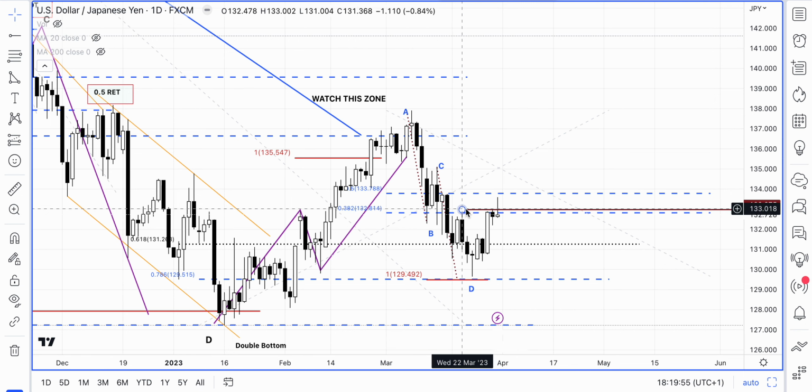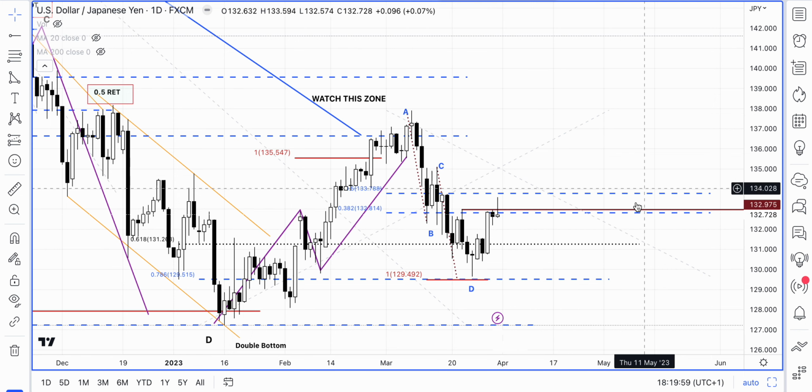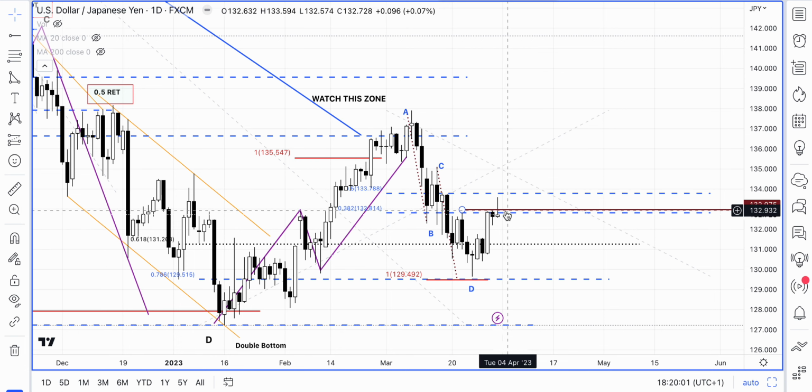Here we had actually identified in advance this brown line of 132.98 level, which was around the 38.2% Fibonacci retracement, just a little bit above it, and the price has actually consolidated last Friday, although it did move pretty much higher, but then closed lower to form this doji candle here.